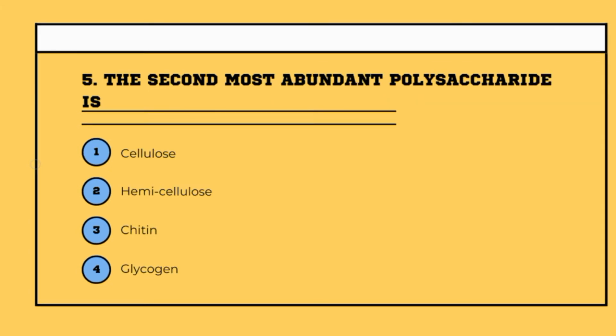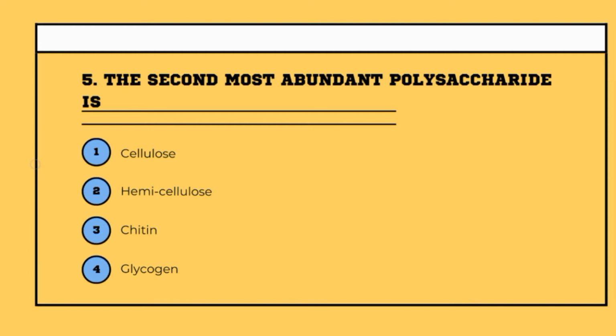The second most abundant polysaccharide is: 1, Cellulose. 2, Hemicellulose. 3, Chitin. 4, Glycogen. Well, cellulose is number 1, the most abundant polysaccharide.